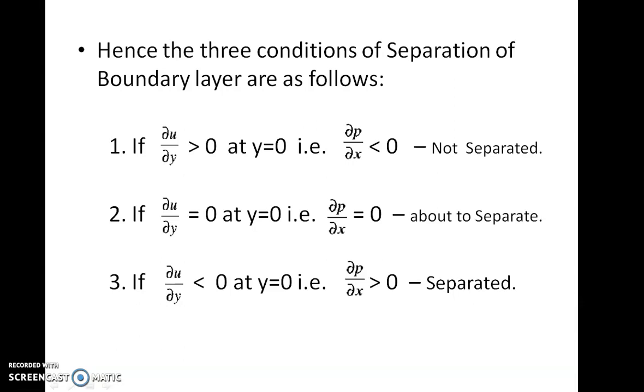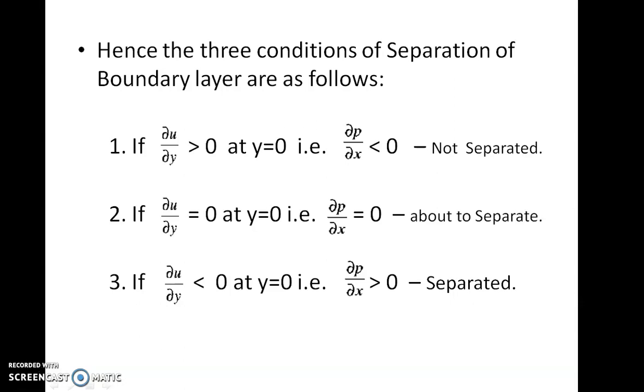And if delta u by delta y for the given velocity profile is less than 0 at y is equal to 0, or delta p by delta x is greater than 0, the boundary layer gets separated, which is not a favorable condition. So we should find delta u by delta y from the given velocity profile and check whether it is less than 0, greater than 0, or equal to 0.